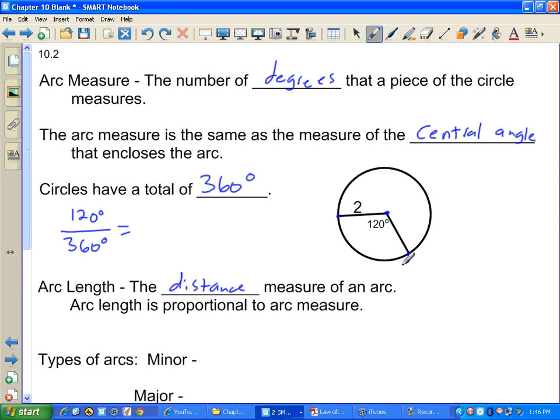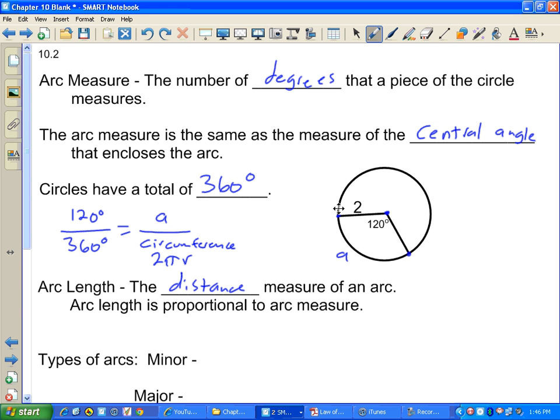That means this length, we'll call it A, should be the same ratio that I get here of the full length around the circle. Length around the circle is circumference, which is 2 pi r.